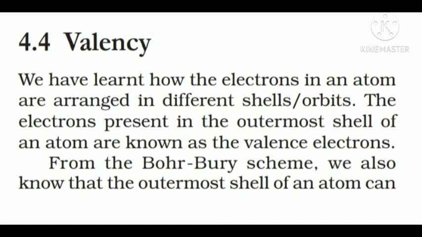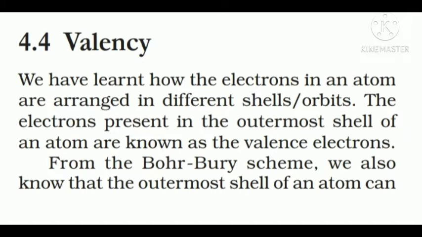We have learnt how the electrons in an atom are arranged in different shells or orbits. The electrons present in the outermost shell of an atom are known as the valence electrons. I repeat, the electrons present in the outermost shell of an atom are known as valence electrons.